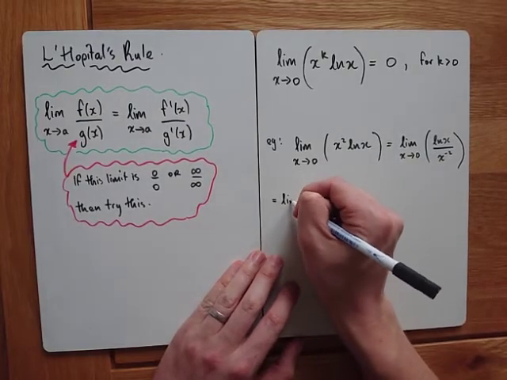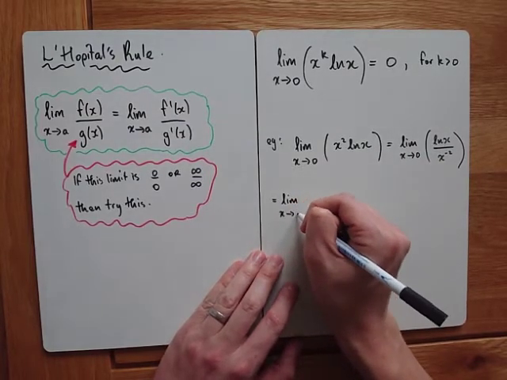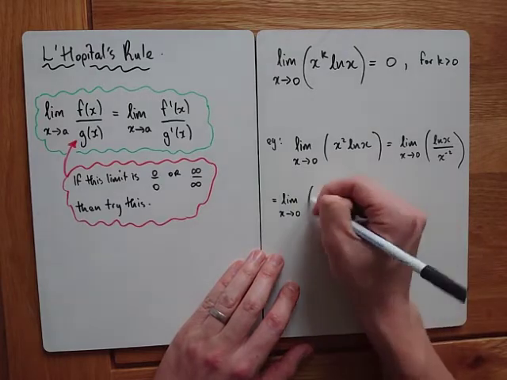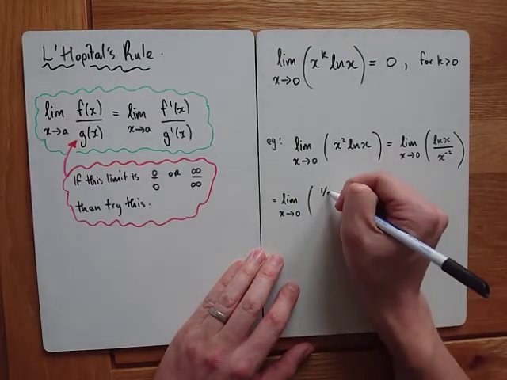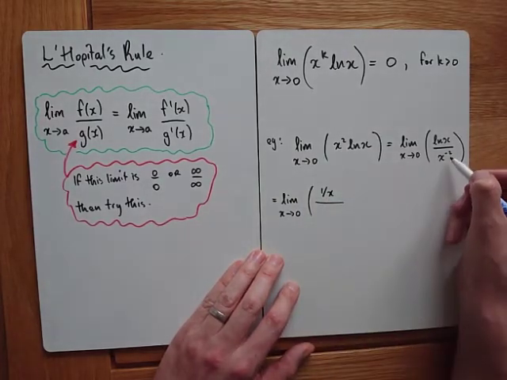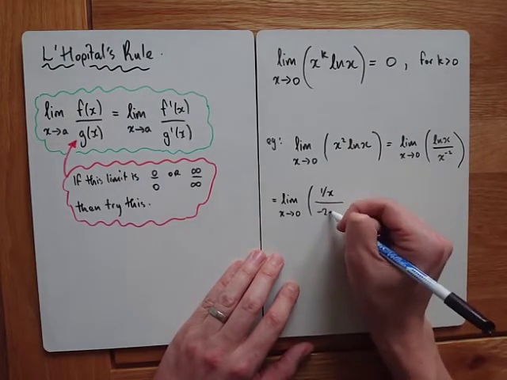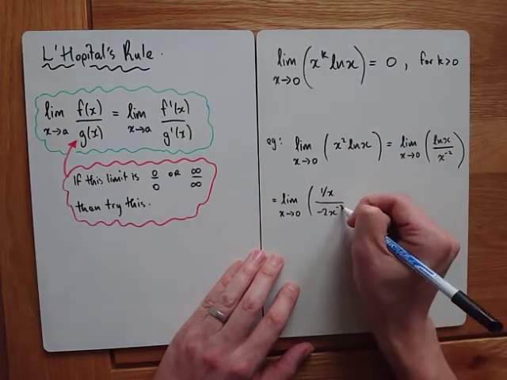So that would be the same as the limit as x tends to 0. ln x differentiates to 1 over x, and then for the other part, times by the power, take 1 off the power.